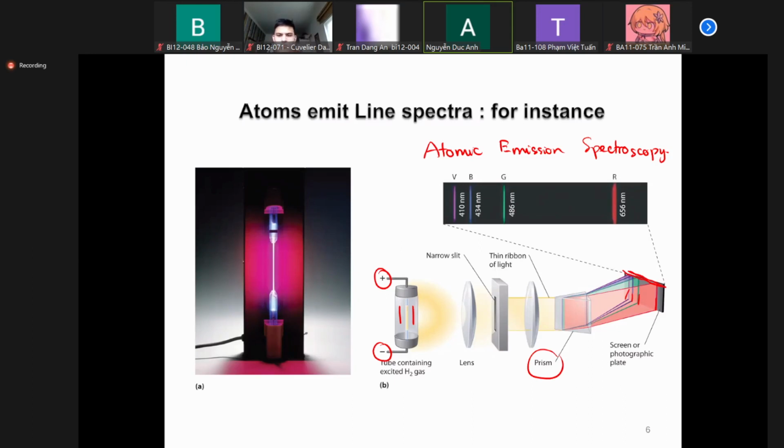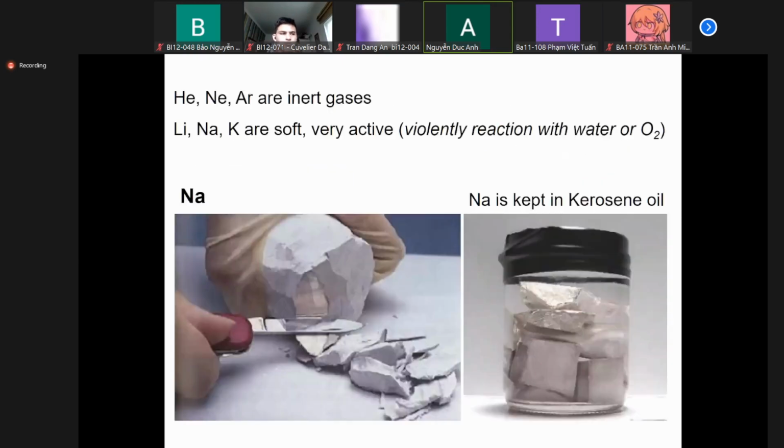The other properties, the periodic properties of the elements, as I said to you before. Some of the metals are very soft, very active, like lithium, sodium, potassium, and you see the trouble of lithium batteries, even if you are using them with your phone or your laptop.